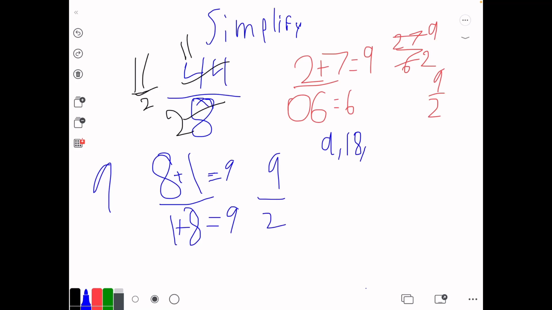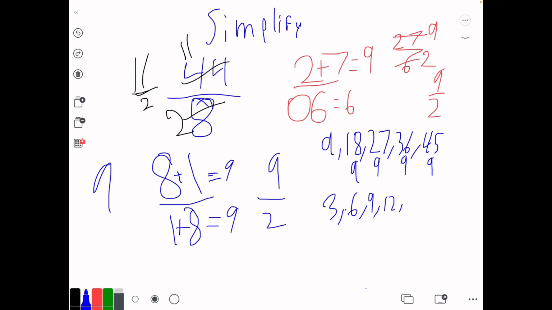And if you notice, it's like 9, 18, 27, 36, 45. Now you add these digits, you get 9, 9, 9, 9. There might be a time where, if it's a big number, you'll get 18. It'll still count. 18 is divisible by 9.